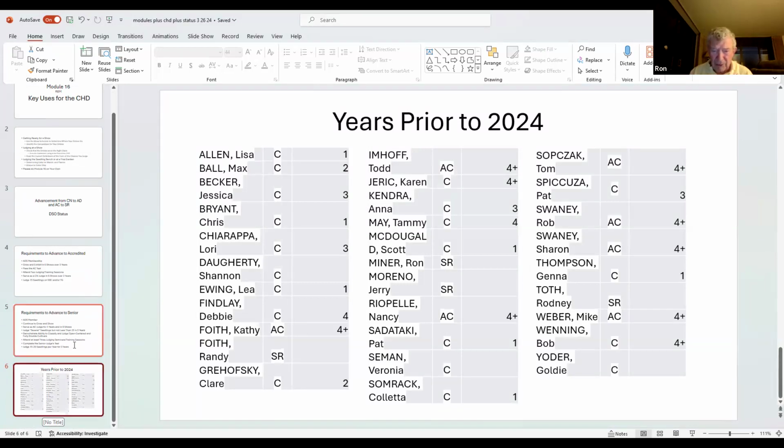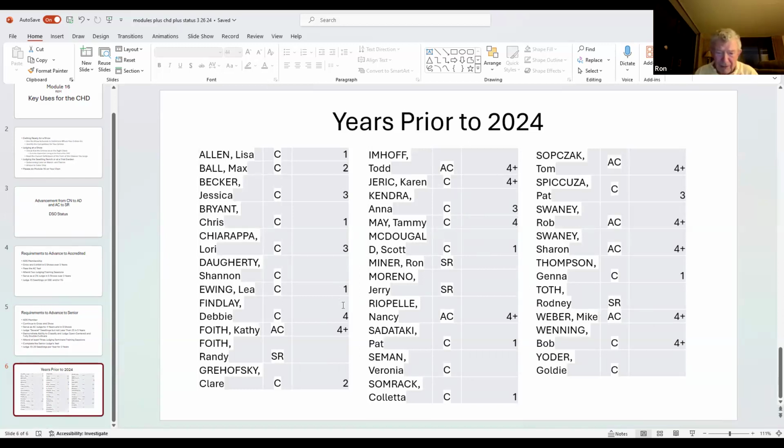So anybody with a 3, like Jess and Lori and Debbie Finley, although Debbie's less active these days, or Anna, anybody with a 3+ is ready to go, and I would encourage to start working on the judge's test. I mean, get it out and look at it and see what you perceive to be the tougher areas.